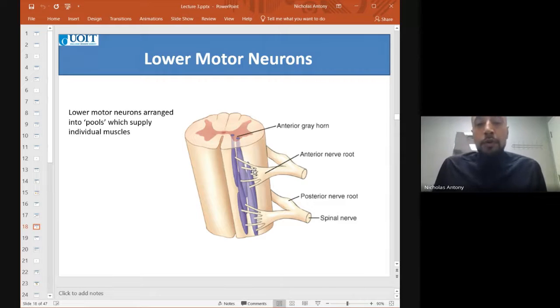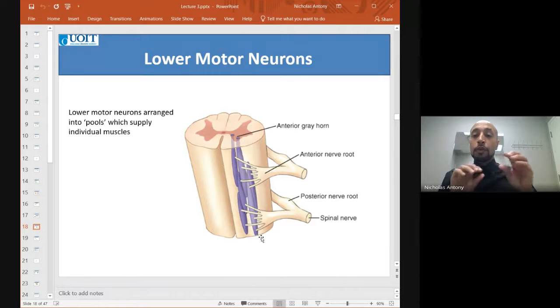So the lower motor neurons are those neurons that exit the spinal cord. Remember, do they exit out the back end or the front end? Motor is coming from what end of the spinal cord? The front. Yeah. So we have all of our lower motor neurons that exit from the front end of the spinal cord.